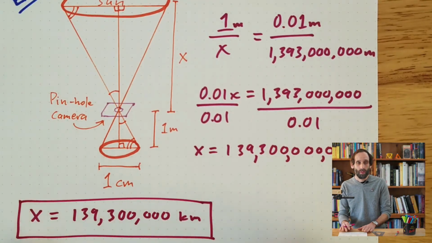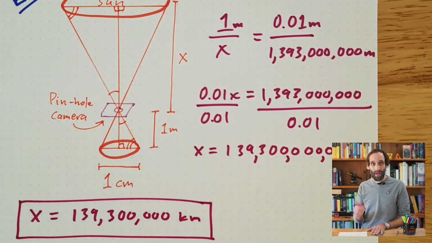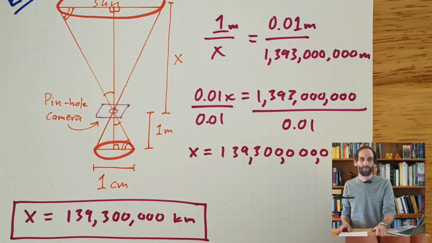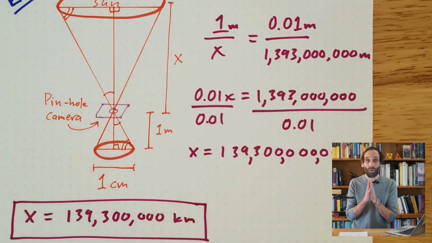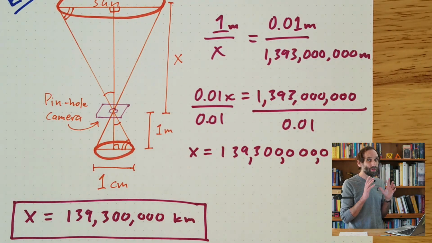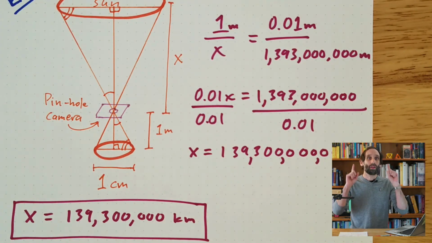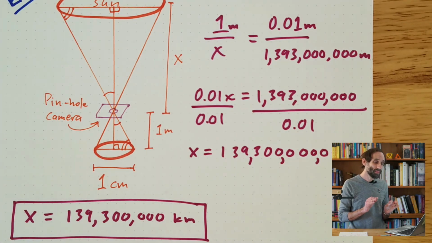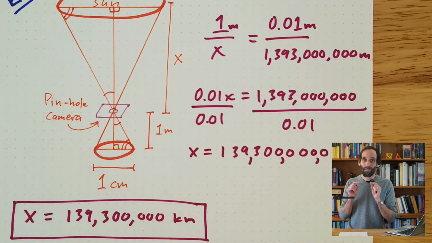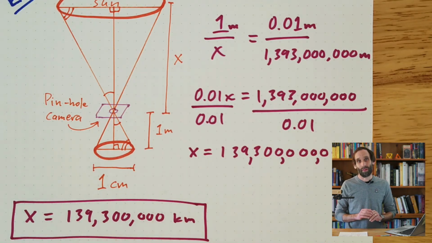Okay, so is that answer correct? Let's look it up. Okay, so according to Google, the actual distance from the Earth to the sun is approximately 149 million kilometers, not 139 million kilometers.